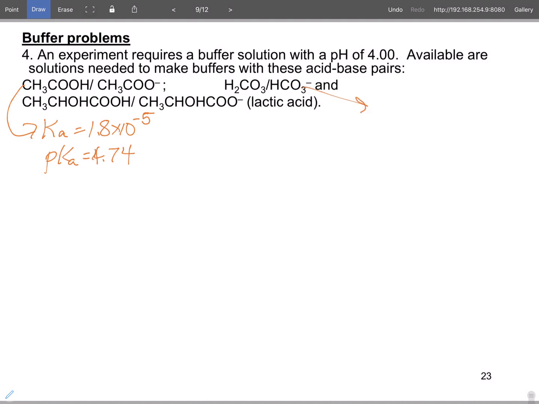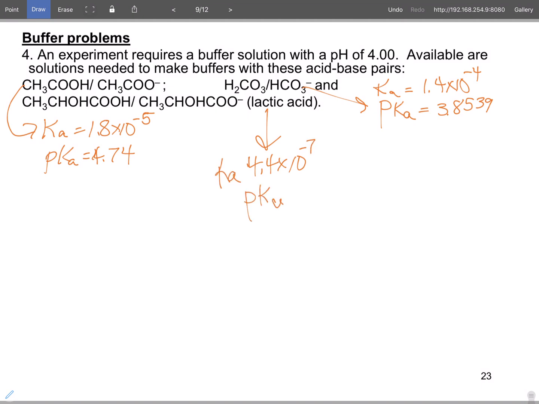This is carbonic acid, which has a Ka equal to 1.4 times 10 to the minus 4. So the pKa is equal to 3.8539. And the lactic acid we just did a minute ago, but it's 4.4 times 10 to the minus 7. It's the Ka. So the pKa is equal to 6.36.